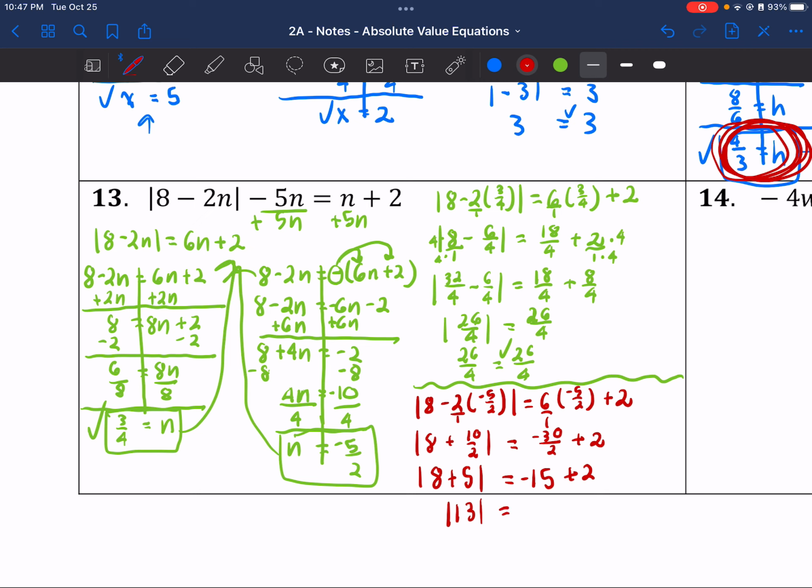And negative 15 plus 2 is going to be negative 13. The absolute value of 13 is just going to be 13. And I get negative 13 is equal to 13. We know that those two are not the same number. So this one does not work. That means n equals negative 5 over 2 is not a solution. It's an extraneous solution.